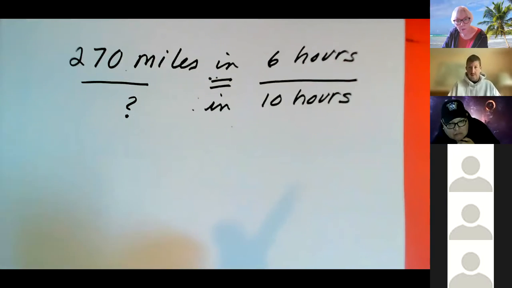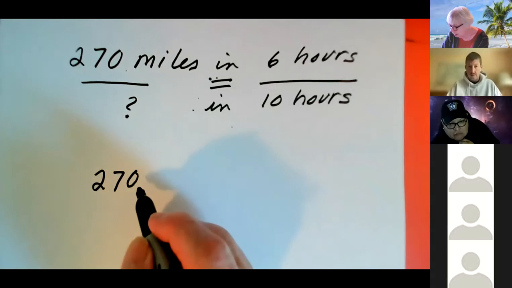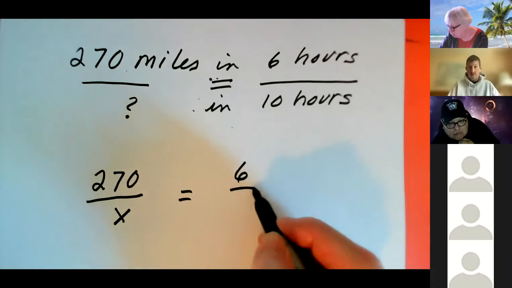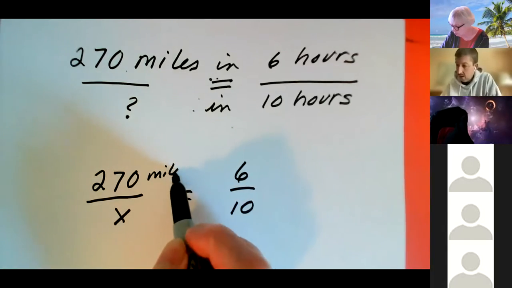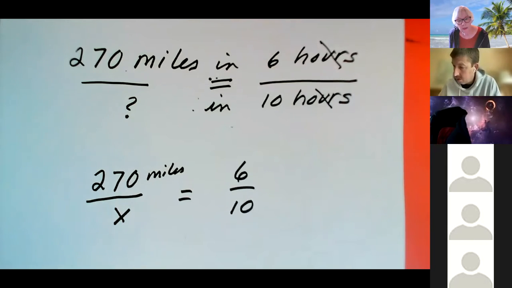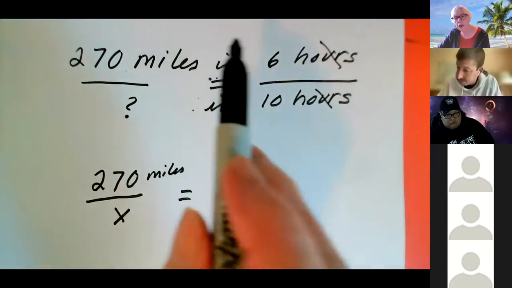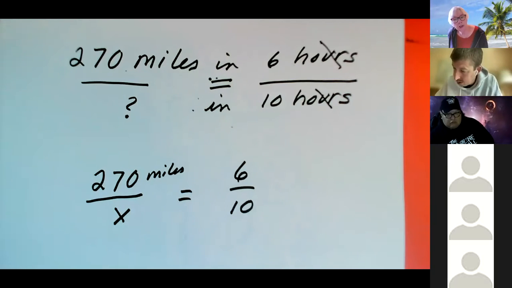And so without so many words, it would be 270 over X equals 6 over 10. Now this was miles, but the hours in this particular case are going to be gone. And so we're going to be left with miles. But see the notes, because I was consistent about, I said miles for hours, miles for hours, this will work.